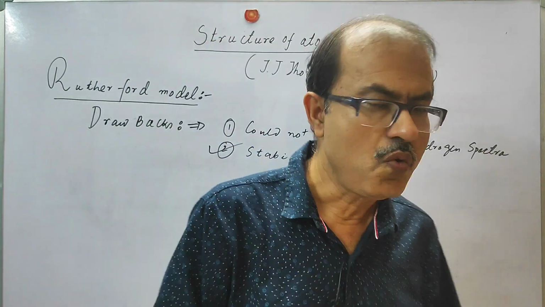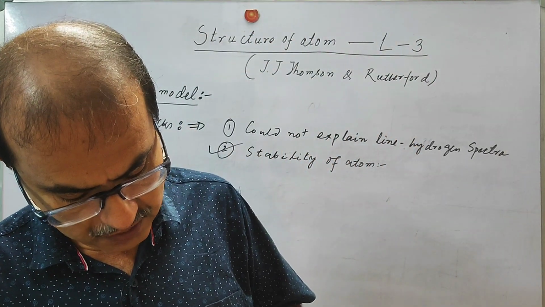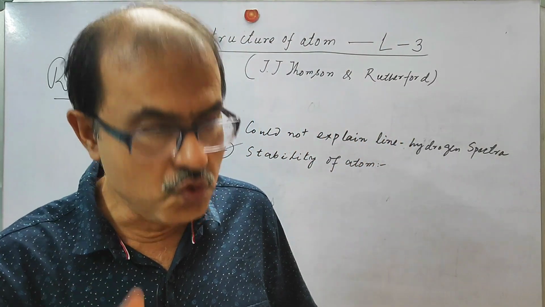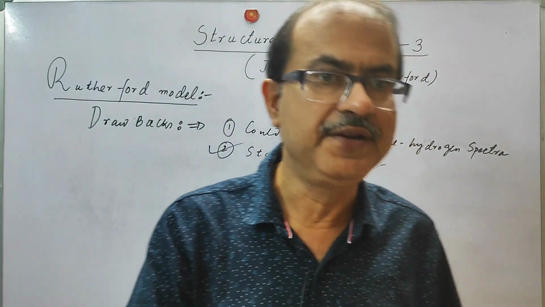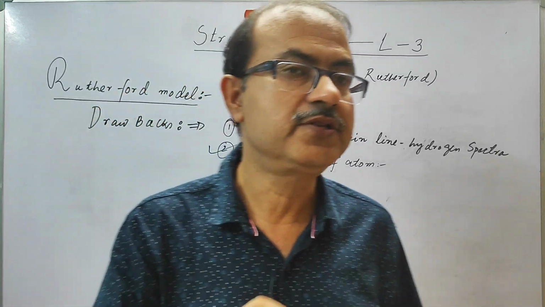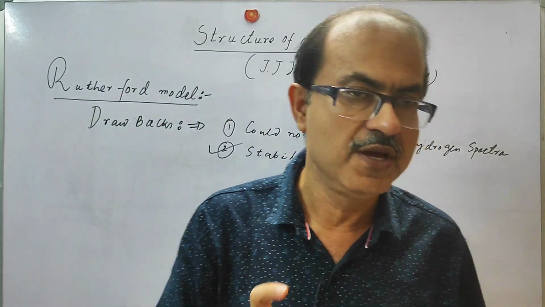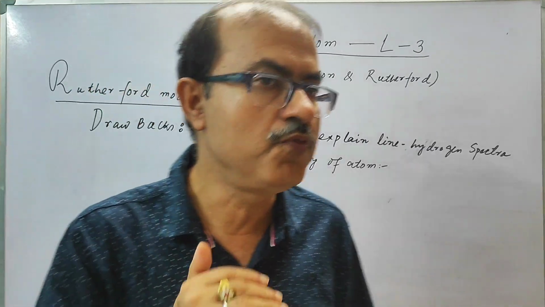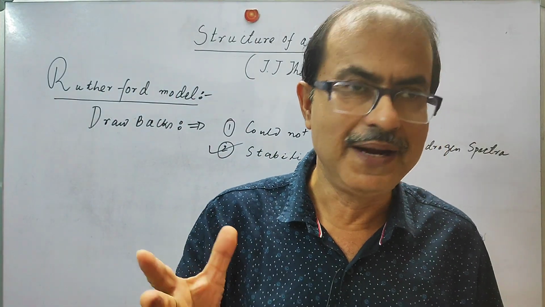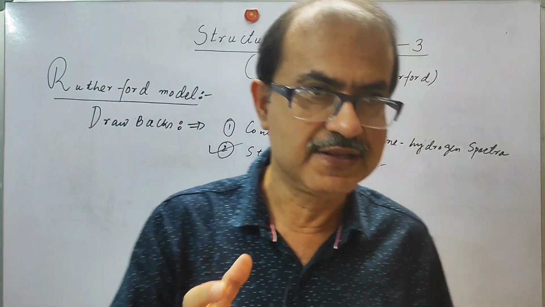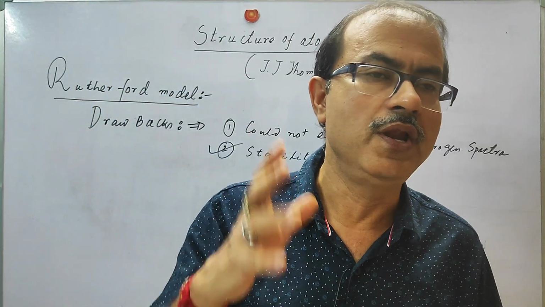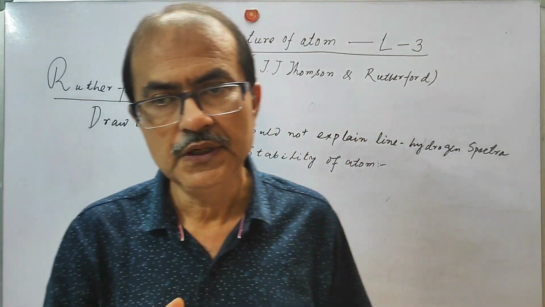That is the main serious drawback of Rutherford's model, although it is a very big breakthrough, because he discovered the nucleus. Rutherford is famous for discovering the nucleus. He made a much improved version of J.J. Thomson's concept. But this serious drawback is there in the Rutherford model, so it was not well accepted.